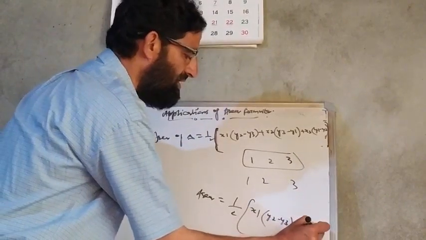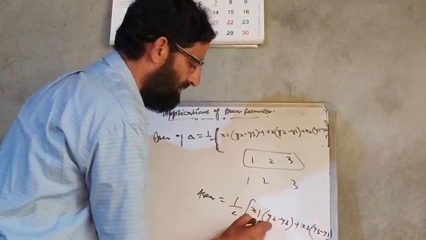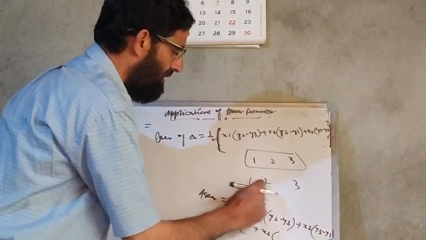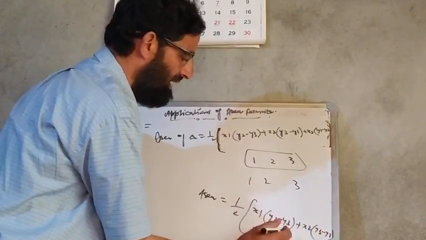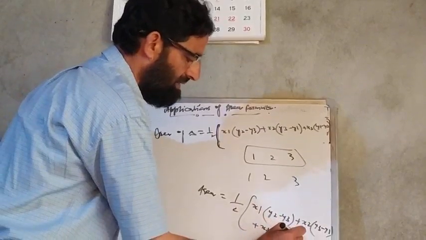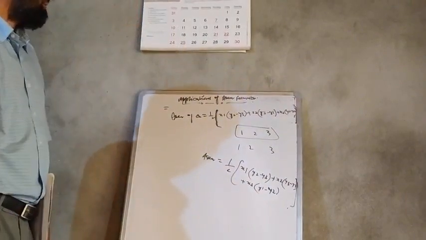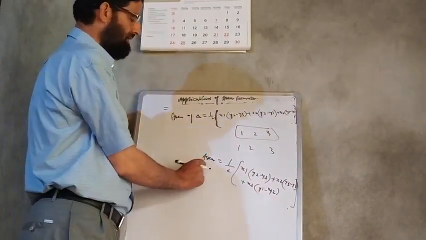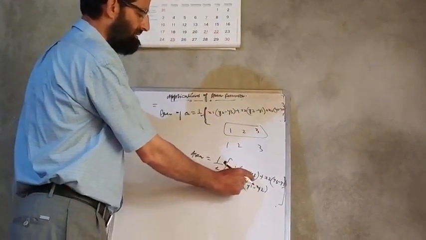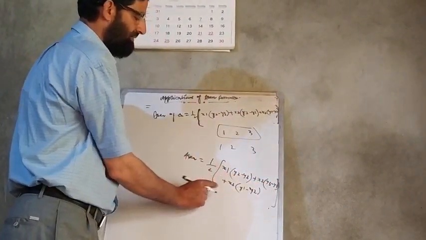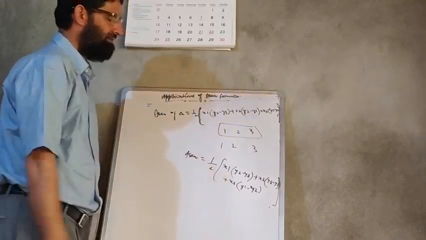So this is y3 minus y1 plus, now this is x3 into, what is left? 1 and 2, that is y1 minus y2. So this is simple to remember this area formula. So area formula is equal to 1 by 2 [x1 into y2 minus y3 plus x2 into y3 minus y1 plus x3 into y1 minus y2].